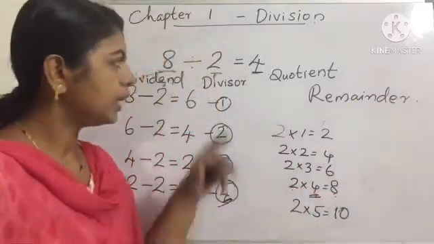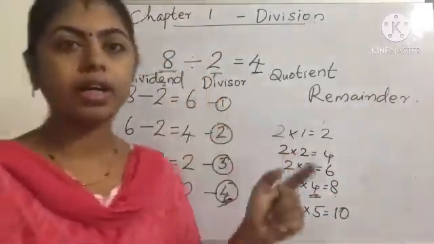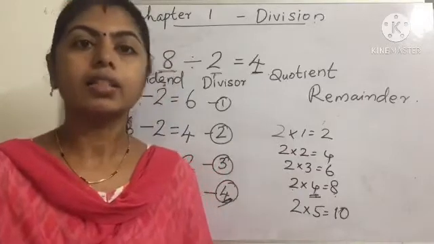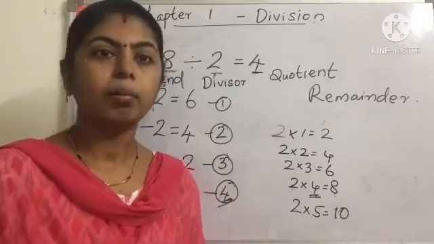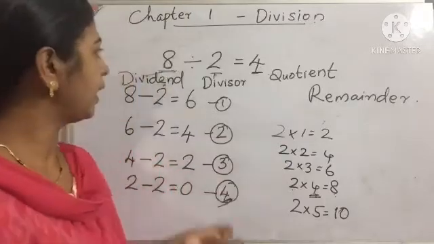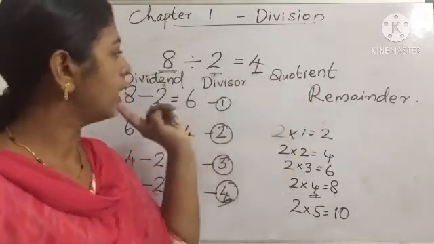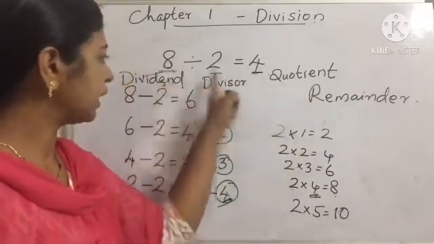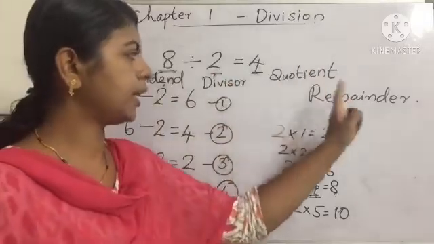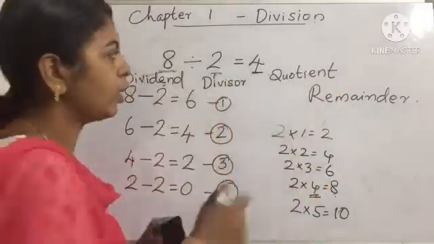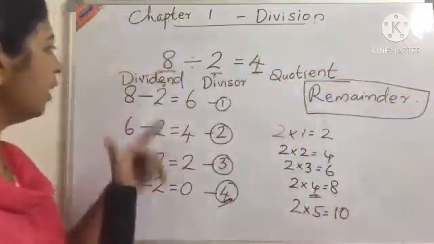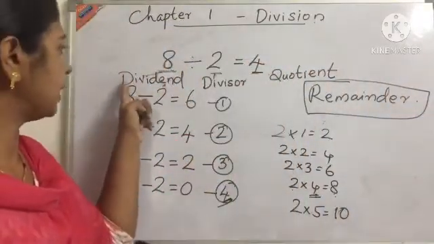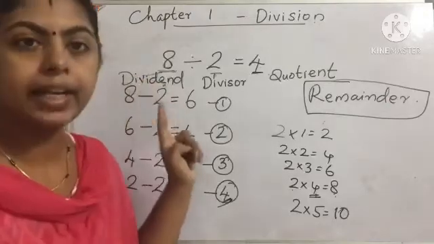These 4 words will not come for the exam as spelling questions, but you should study the spelling of all these names: dividend, divisor, quotient and remainder. Here the remainder is not there now. Dividend is D-I-V-I-D-E-N-D.